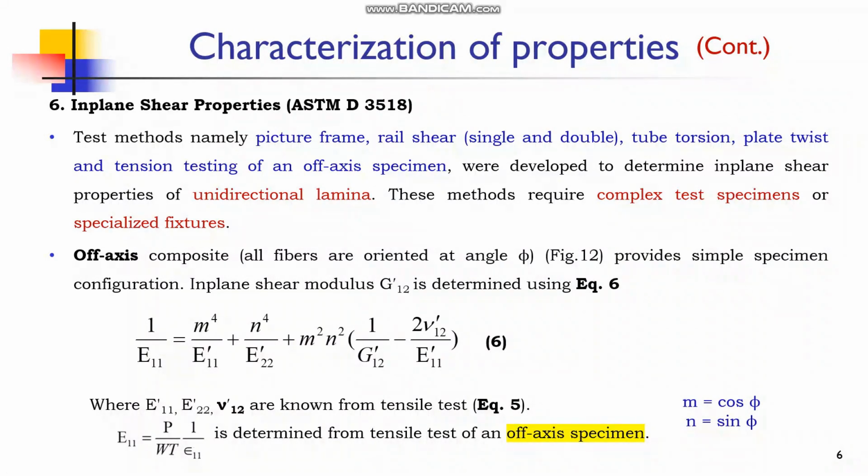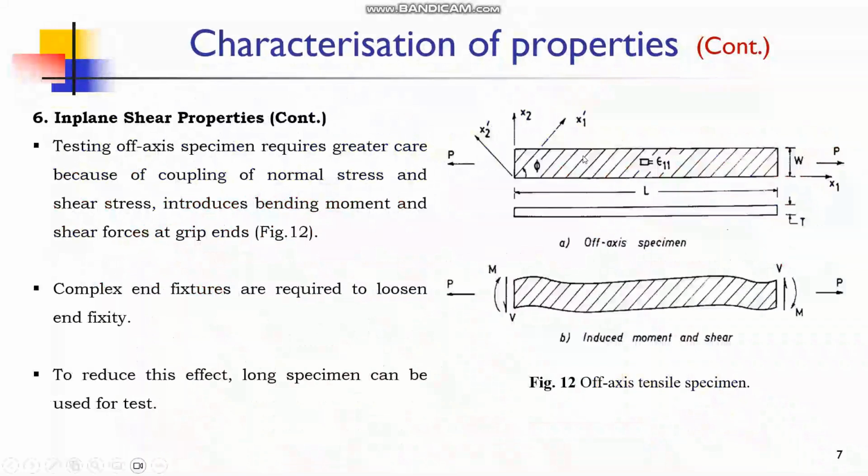It is nothing but a specimen with fiber oriented at some angle to the loading direction, and we are conducting a tensile test on such an off-axis specimen to find the in-plane shear property.